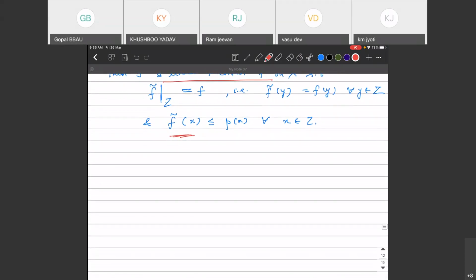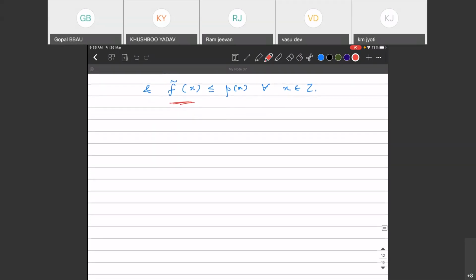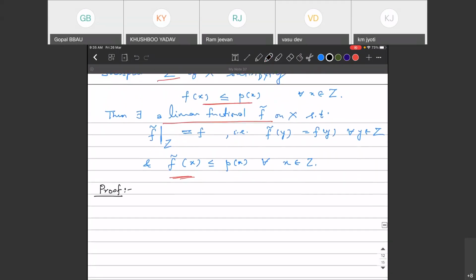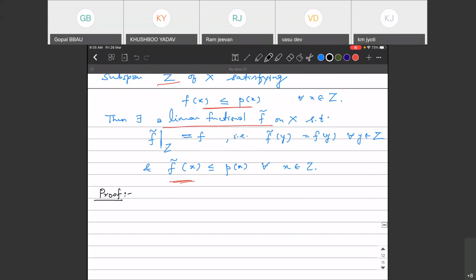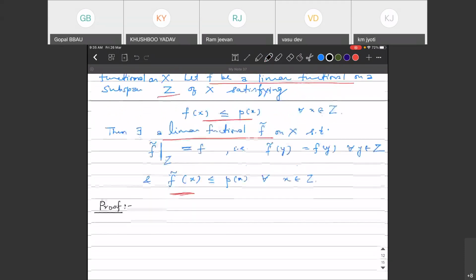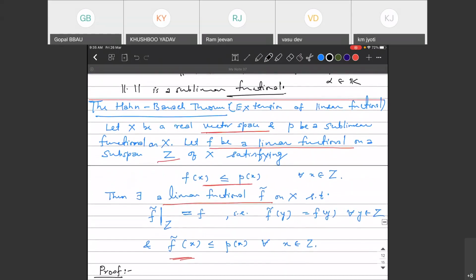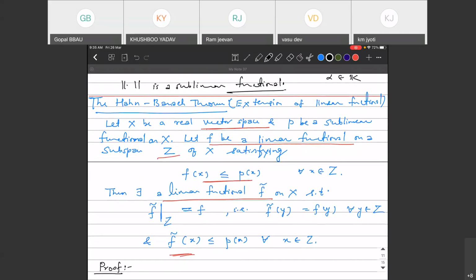Its proof is lengthy, so we will divide the proof into various parts. Before that, any question, any doubt?